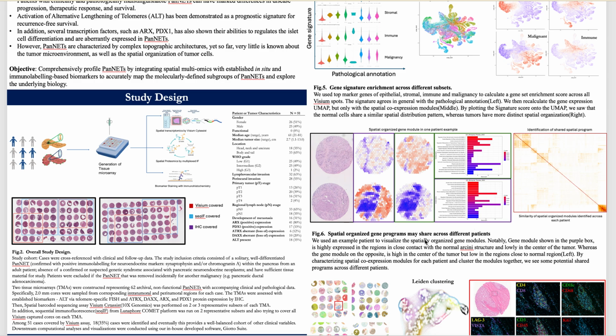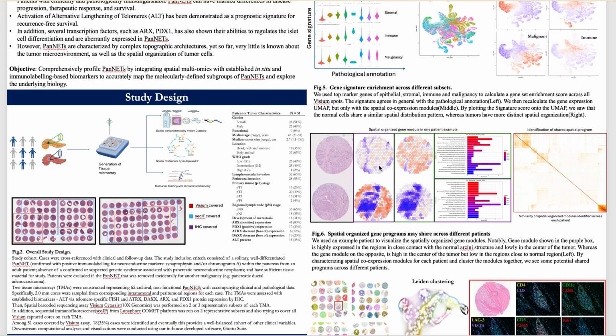And then we dug deeper into these spatial co-expression modules. What does it really mean? We used this example patient to visualize the spatially organized gene modules. Notably, this is the tumor center, and this in the middle is normal acinar.